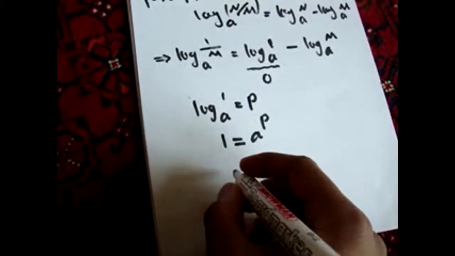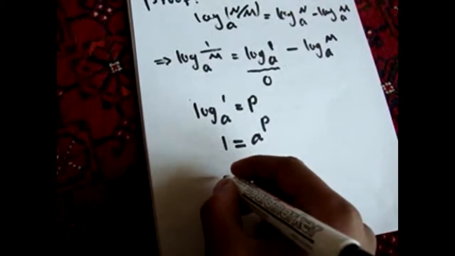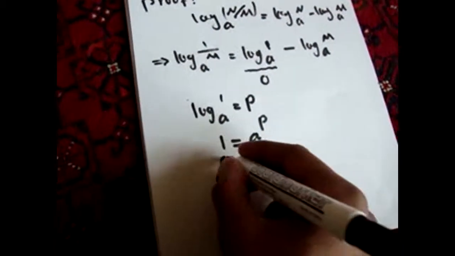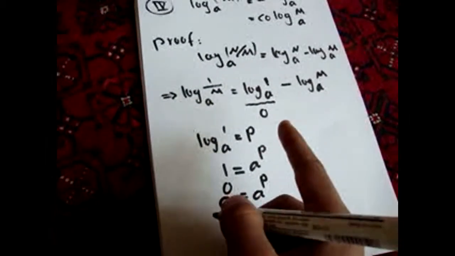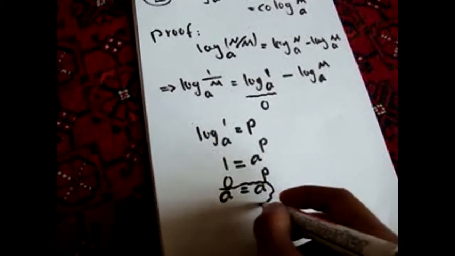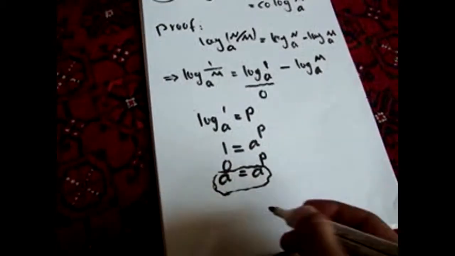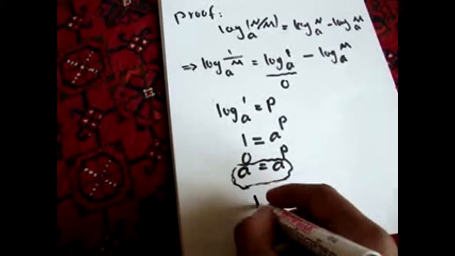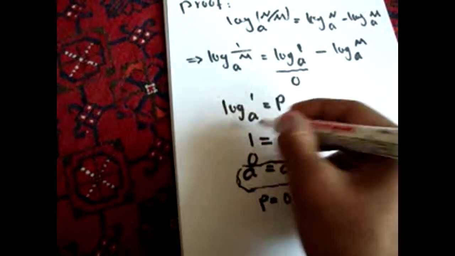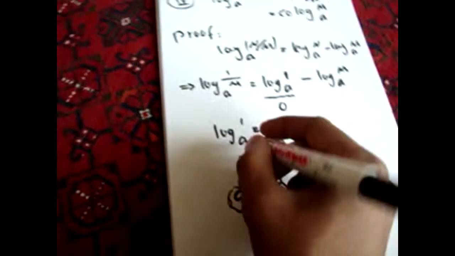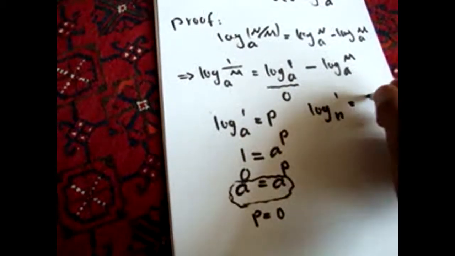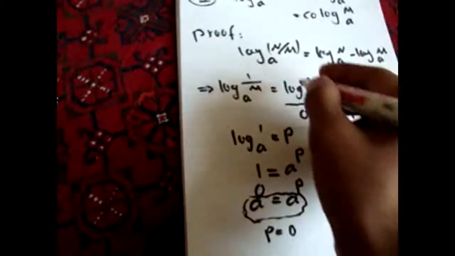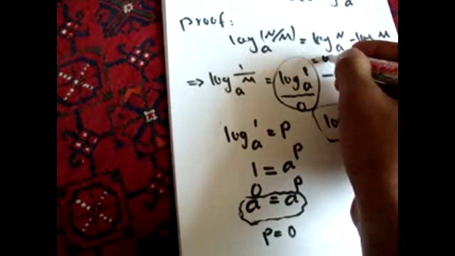To solve this equation, a to the power of 0 equals a to the power of p. A to the 0 is 1 again. So both bases are the same, so we can say that p is equal to 0. So with any base, the logarithm of 1 is always 0. So this part over here becomes 0.